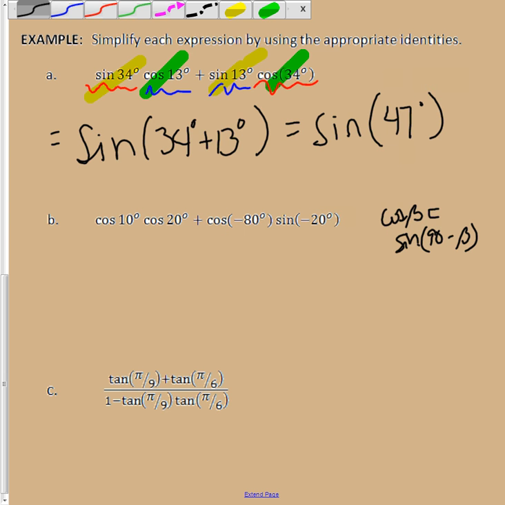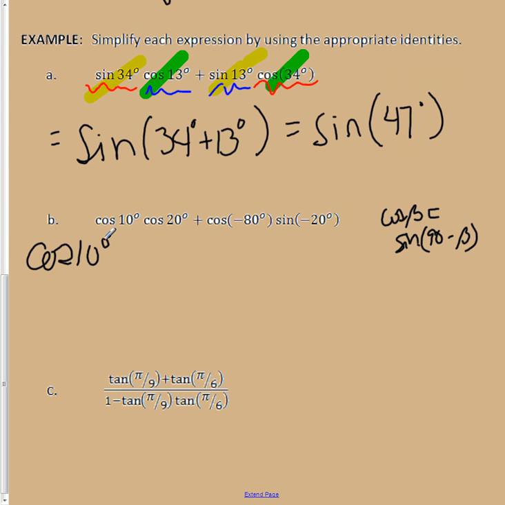So I'm going to ignore the cosine of 10 degrees and the cosine of 20 degrees. I'm going to deal with the cosine of negative 80. Because cosine is even, then I know that the cosine of negative 80 degrees is just the cosine of 80 degrees. And then sine is odd. So the sine of negative 20 degrees is going to be negative sine of 20 degrees. So what ends up happening is this becomes minus the cosine of 80 degrees, the sine of 20 degrees.